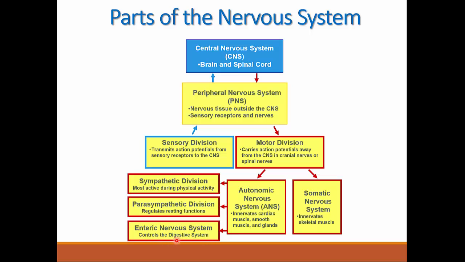So the enteric nervous system deals with the digestive system, and it is the main nervous system that controls your digestive system. Your parasympathetic division helps to regulate the digestive system, but the enteric nervous system has the main control over how foods move through your body and what's digested and the enzymes that are released.